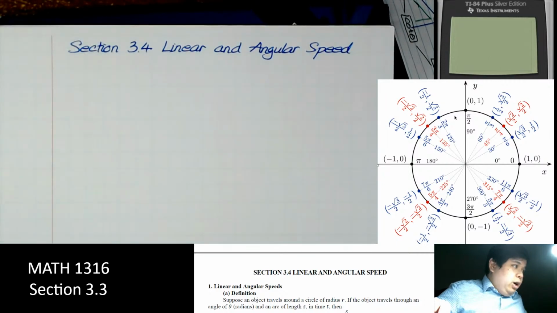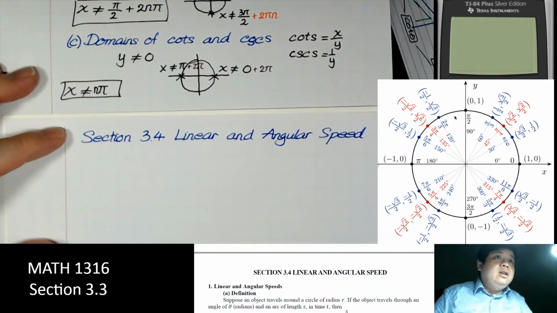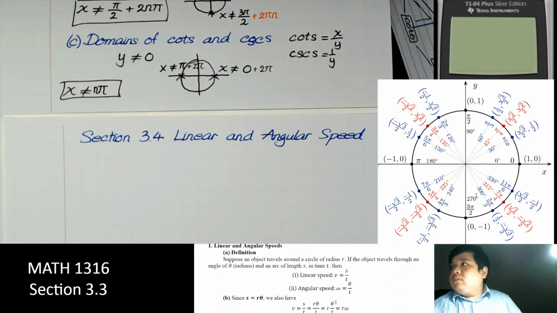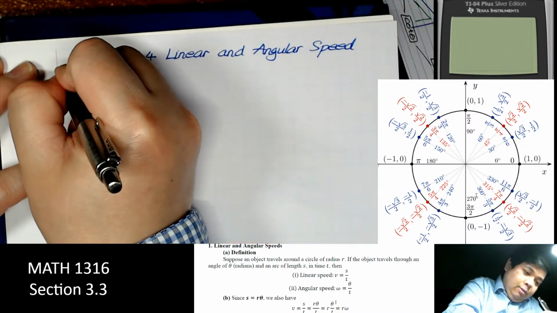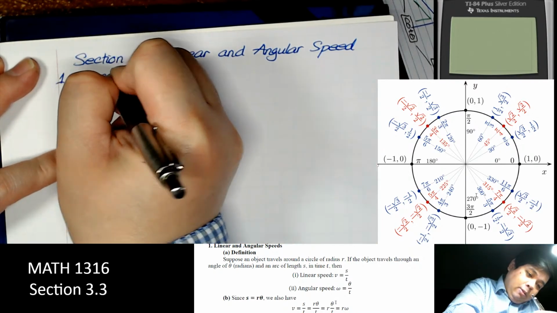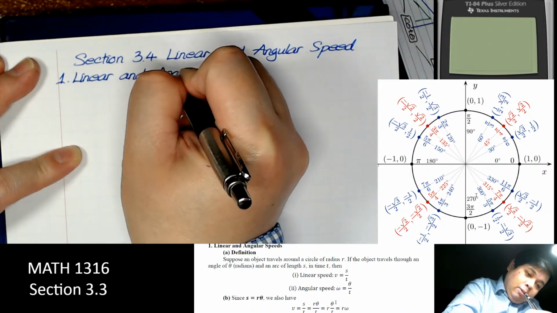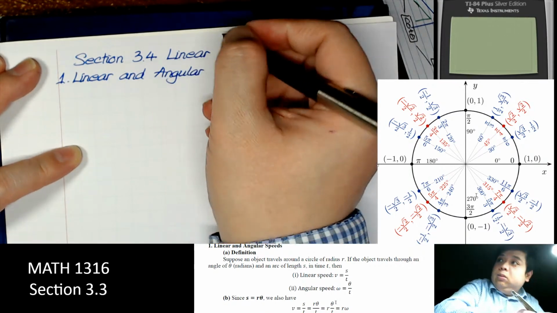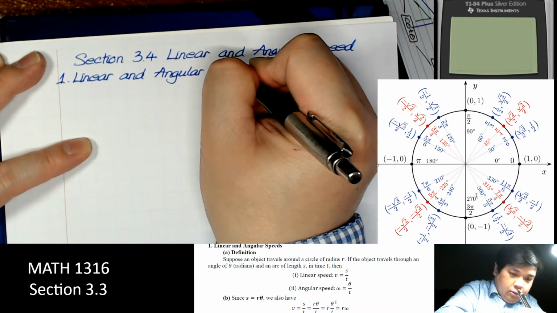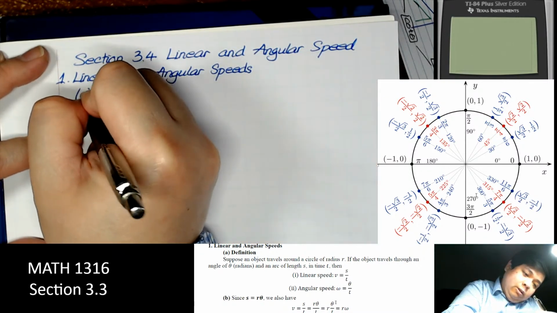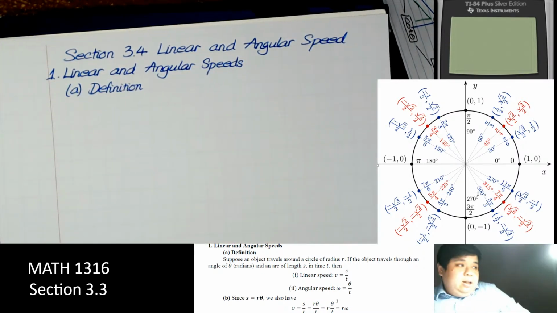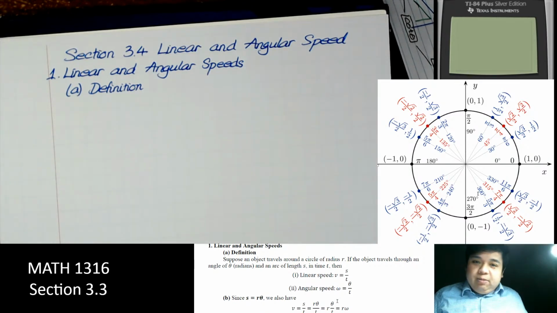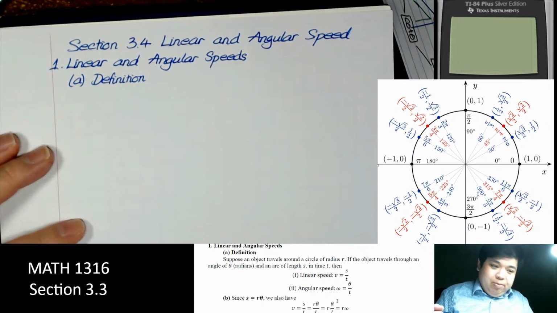Right, section 3.4, linear and angular speed. Now, of course, the definition is there, but I'm just trying to attempt to do this.